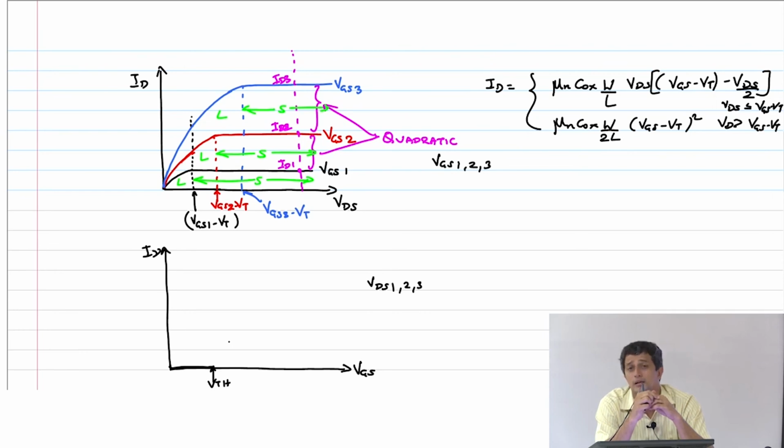It has to be saturation. So unlike the ID versus VDS plot, where the transistor starts in linear and then goes to saturation, ID versus VGS will start in saturation and then go to linear, right? So therefore this is now going to be what kind of curve? Quadratic curve, right?